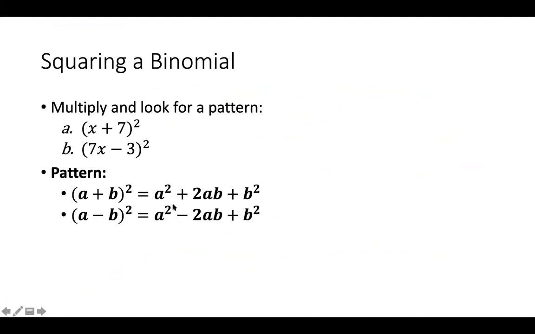Notice that, ignoring the signs for just a second, the three terms are a squared, 2ab, and b squared. The last term is always going to get a plus because in this case you're doing b times b, and in this case you're doing opposite b times opposite b. So in either case, it comes out to plus b squared.